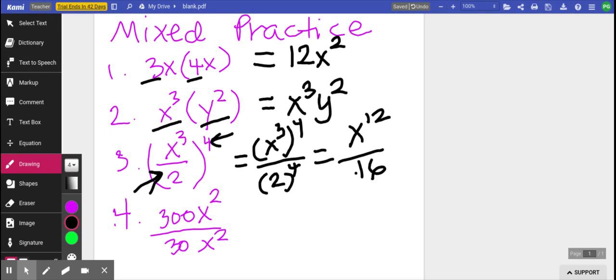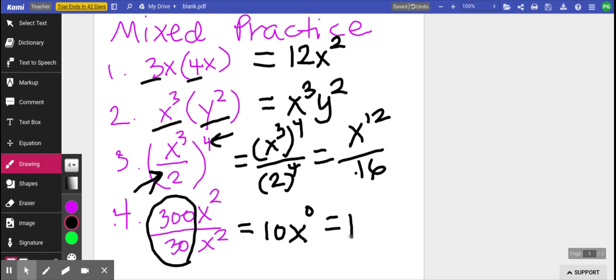And the last one, I don't think we talked about this yet. Look at the coefficients. We better do the regular division there first. 300 divided by 30 is 10. X squared divided by x squared is x to the 0. But that's the same thing as saying 10 times 1, which is just 10.